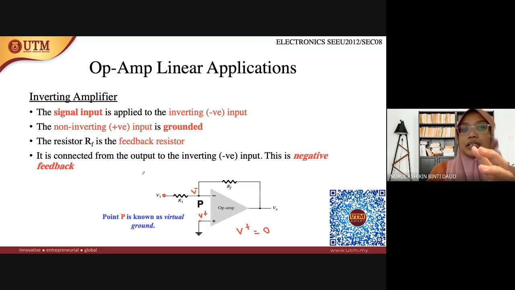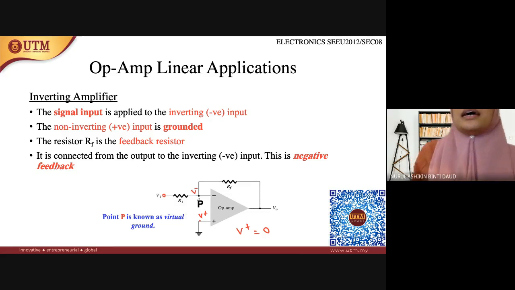If the source of the voltage is applied to the positive terminal, the non-inverting terminal of the op amp, it is known as a non-inverting amplifier. So if you want to know the name or type of the op amp configuration, please look at where the signal input is.